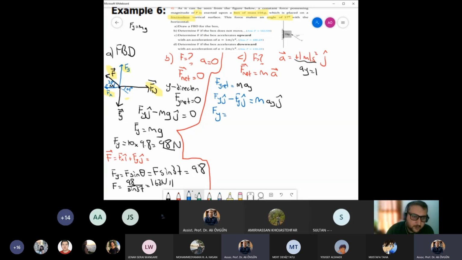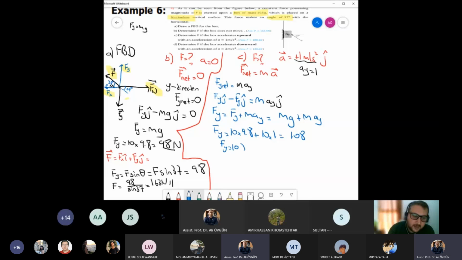Fy is equal to Fg plus m a y, which is equal to mg plus m a y. So then Fy is equal to, putting in the values, m is 10 times 9.8 plus 10 times a y. a y is 1. So at the end it's equal to 108.